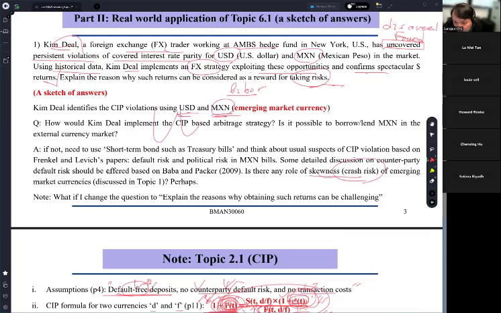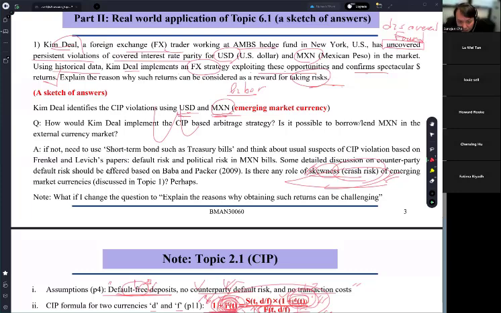Then maybe this could increase the possibility of counterparty default risk. Because of the crash, you lend dollars to some Mexican institutions, and they refuse to pay back the dollars at maturity because of these crazy things happening in the currency market, right?